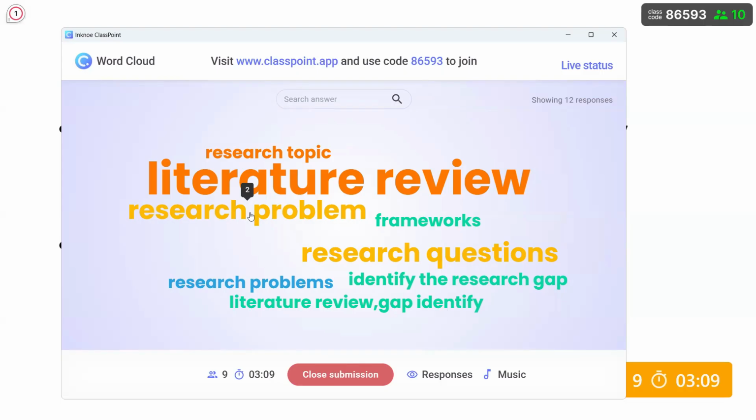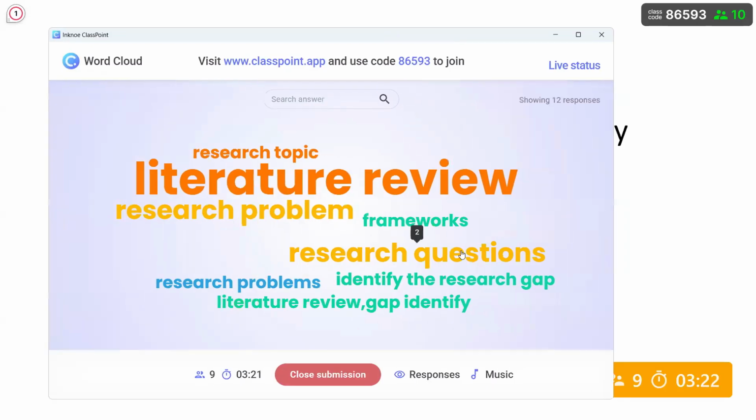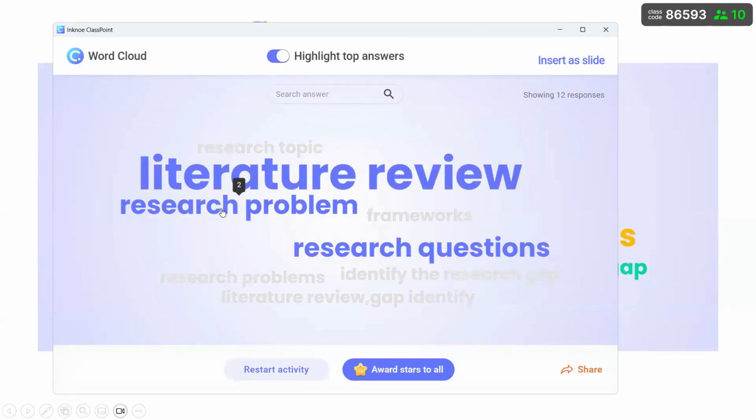Two of you are telling that the research problem is the foundational component, right? Another two are saying that it is the research question, right? So these are the top answers: literature review, research problem, research question.